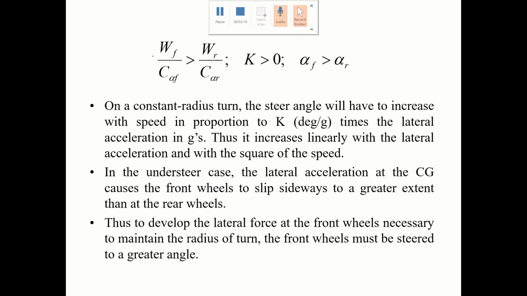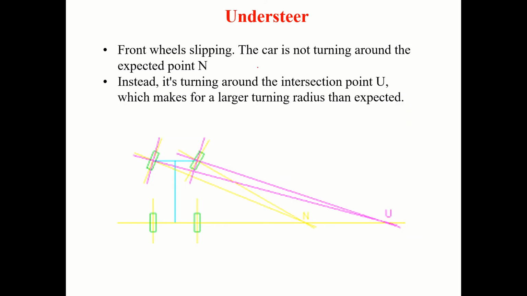If this is greater than this, that is K is positive, alpha F is greater than alpha R, it demands more turning radius. You want to maintain the same delta. Otherwise, you want to turn about the same point, which means you have to turn the vehicle more.